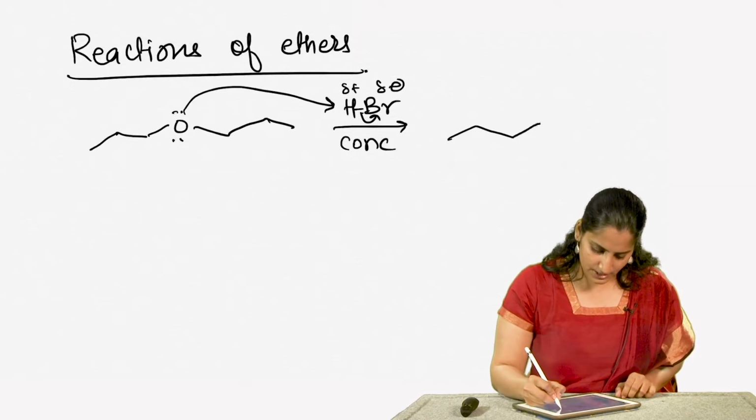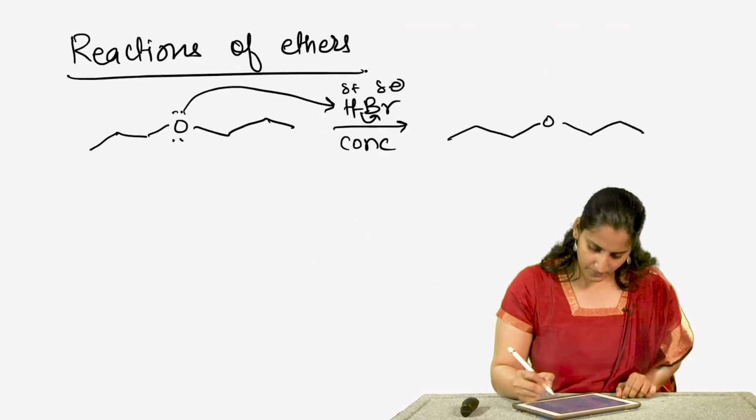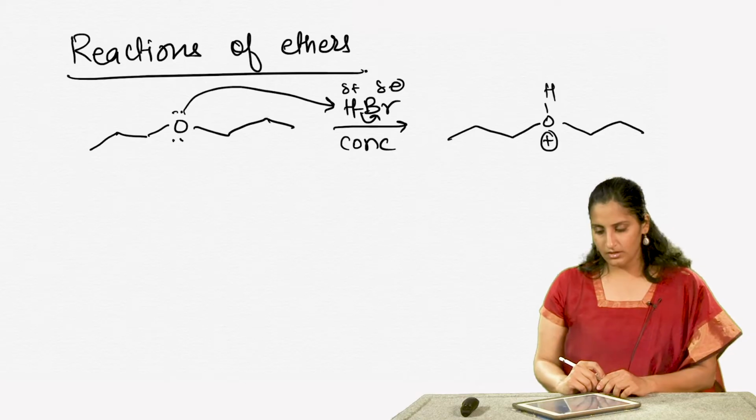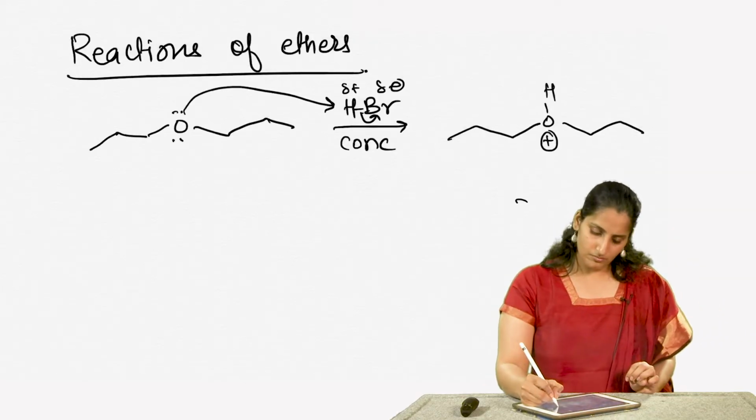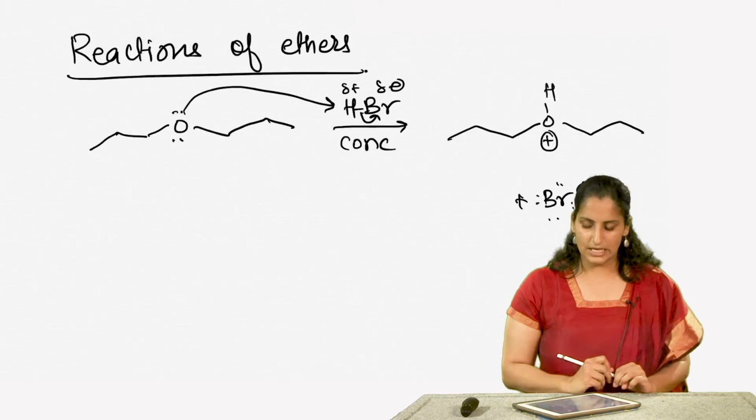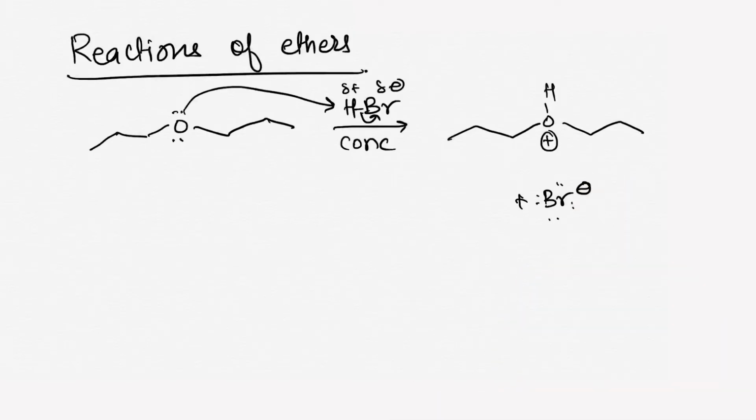In the first step we form this protonated ether. Now, bromide is going to leave as a leaving group in this reaction. Then the bromide comes back and attacks here and kicks it out as a leaving group.